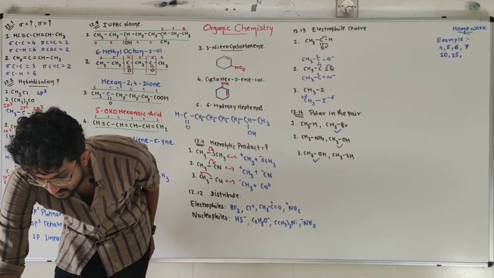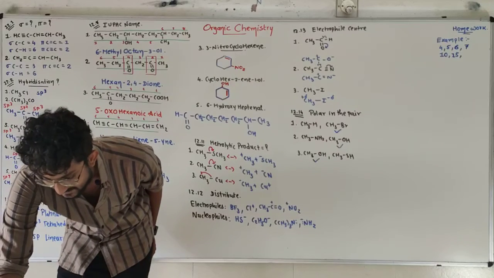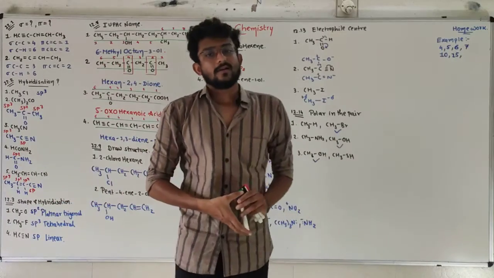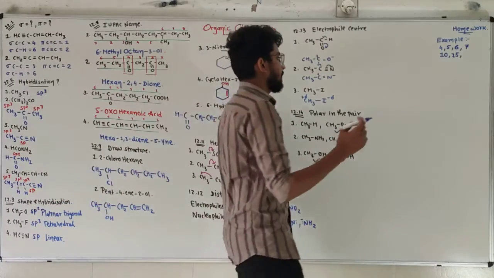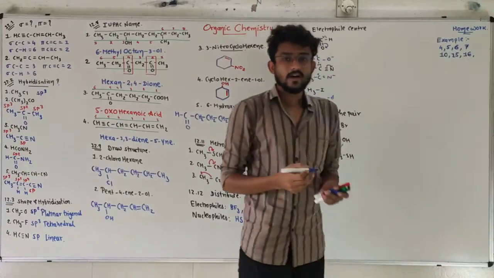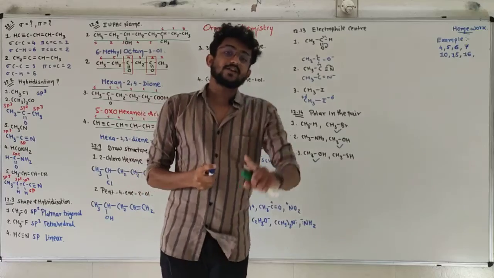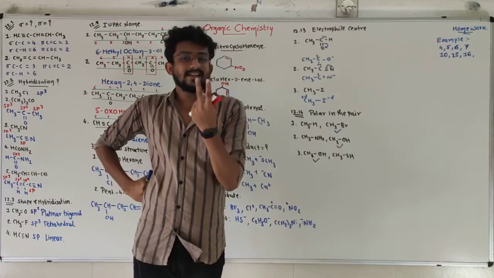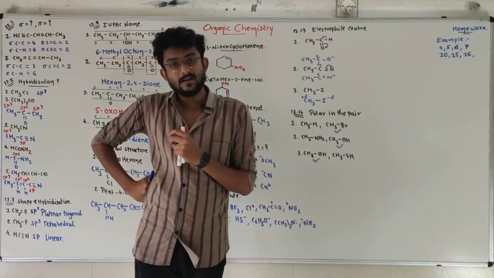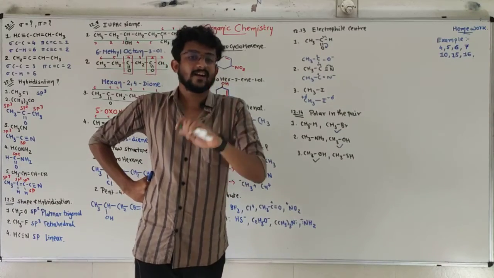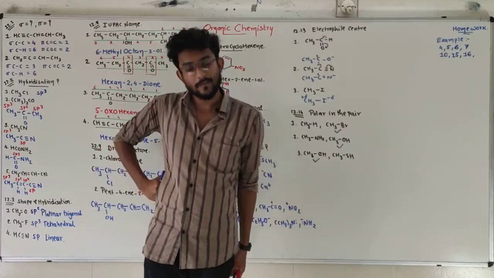After that, example number 16: write the resonance structure of CH3COO minus and show the movement of electrons by curved arrows. We have to practice resonance structures, and that's why it will be in the homework, because we discussed the resonance structure of two different compounds, benzene and nitromethane. Now you have to give me the resonance of acetate, CH3COO minus.